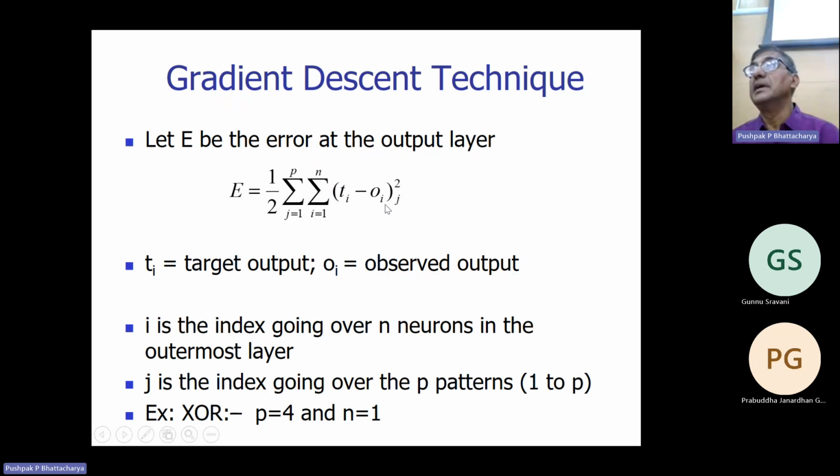A very popular error function. Equally popular is the cross entropy error function. Error is also called loss. When we pronounce error, we use the symbol E. A much more common symbol is L, which corresponds to loss. We call it the loss function.